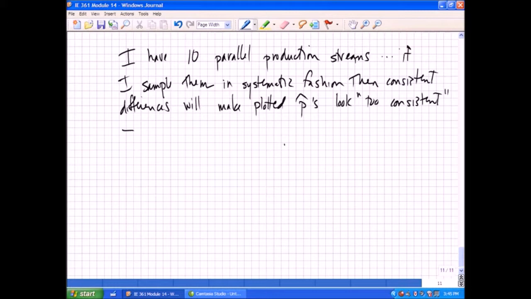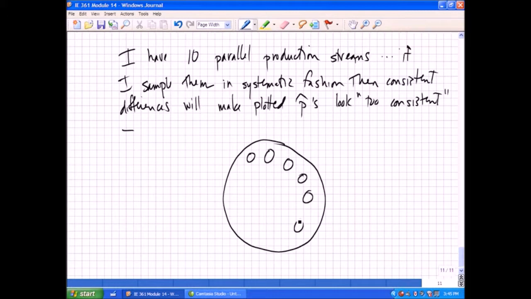In a measurement context, if I had this same 10-headed machine, and 9 of 10 of those heads were producing widgets with diameters that are, say, 5 plus or minus 0.001, and this guy was producing widgets with diameters 6 plus or minus 0.001.